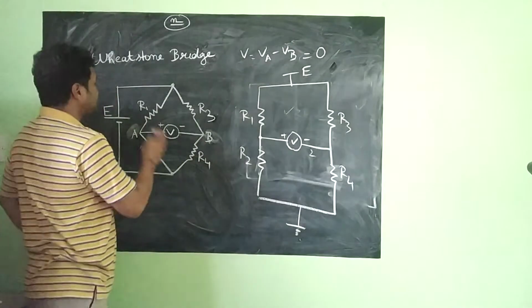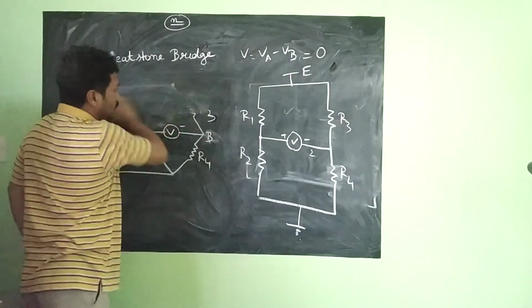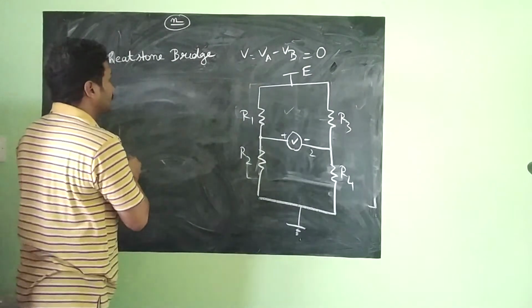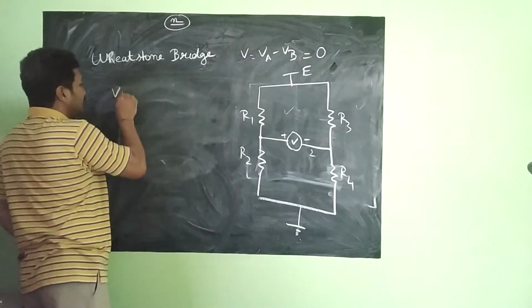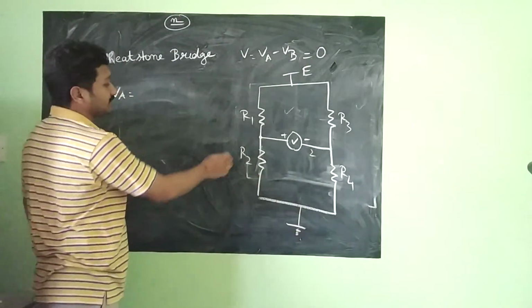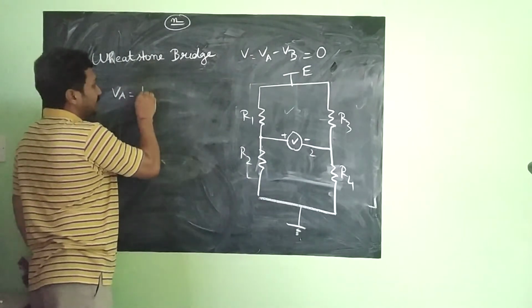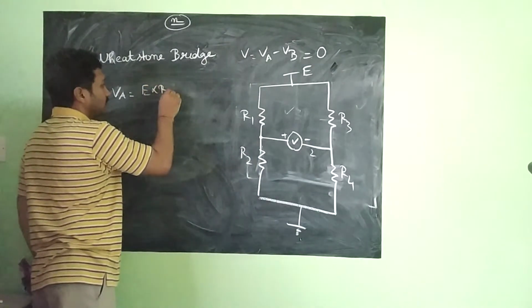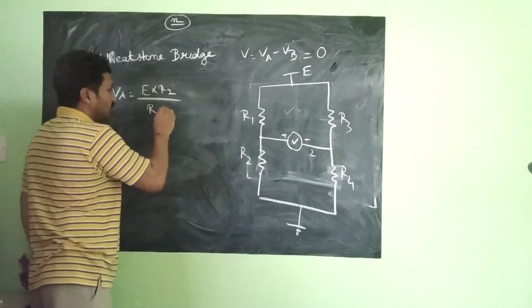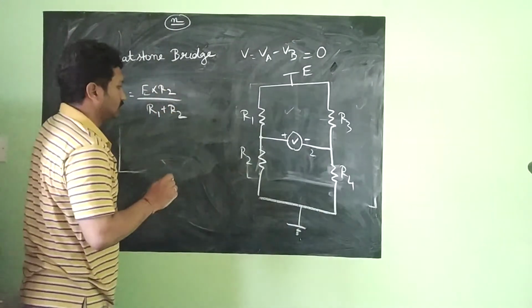Now to derive this, what we should do? What is VA? VA, as I already said, is the voltage drop across R2. So E into R2 by R1 plus R2.